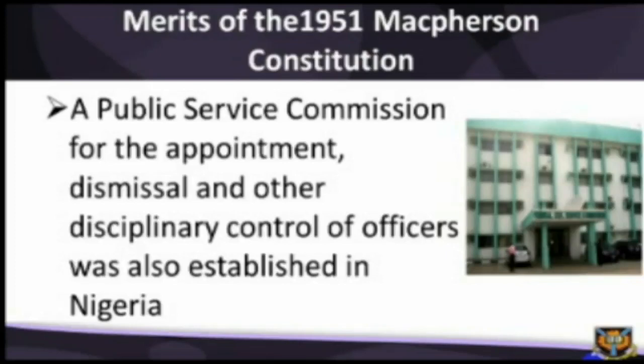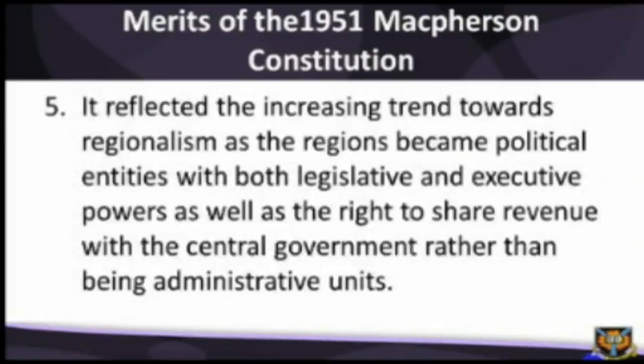In addition, the 1951 Macpherson Constitution reflected the increasing trend towards regionalism as the regions became political entities with both legislative and executive powers, as well as the right to share revenue with the central government rather than being administrative units.